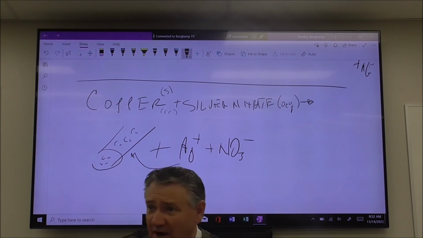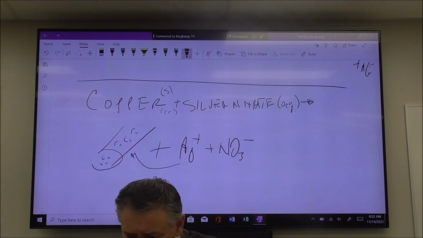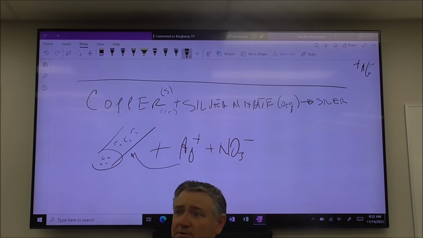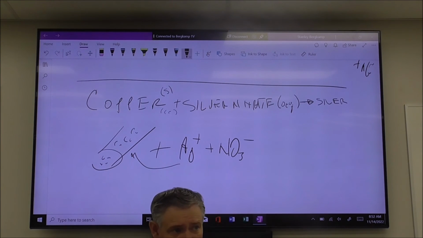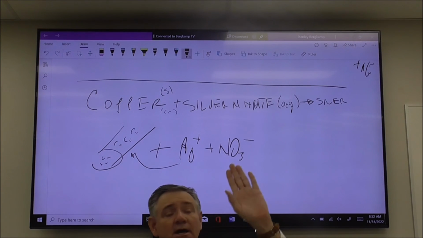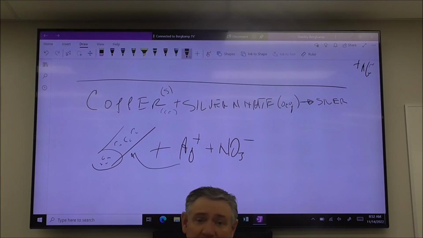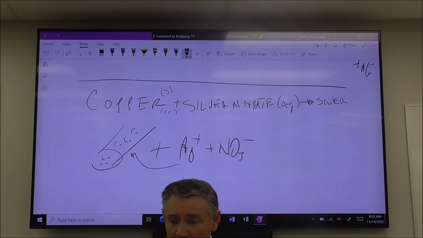So the copper says, fine. You want your electrons? Fine. So then out of this, what you hopefully saw in the microscope is that you saw the silver forming. So the rule is, once the silver takes in the electron, it can't exist as a single ion anymore. It has to become a solid piece of silver.